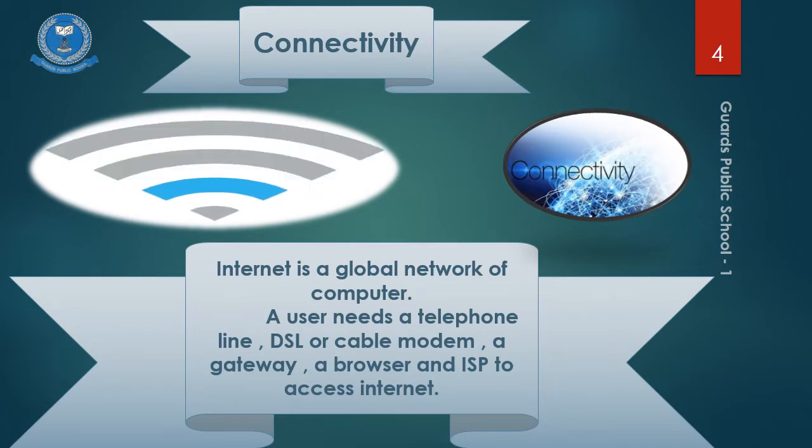A user needs a telephone line, a DSL or cable modem, a gateway, a browser and an ISP to access the internet. These are all necessary things to connect with the internet.